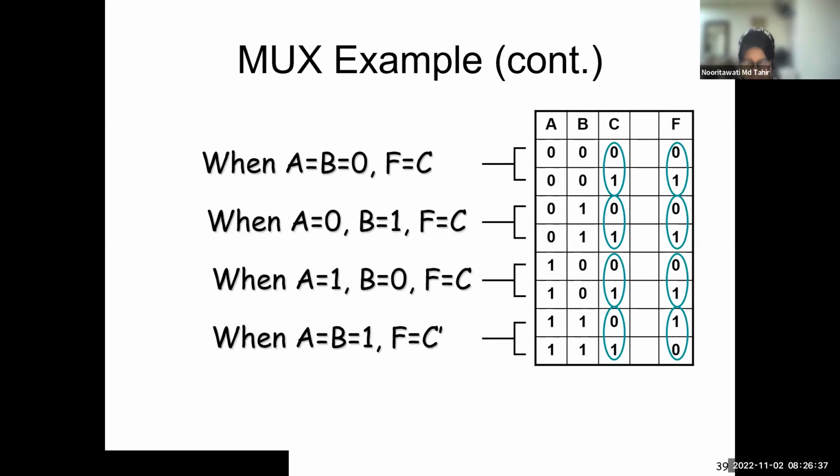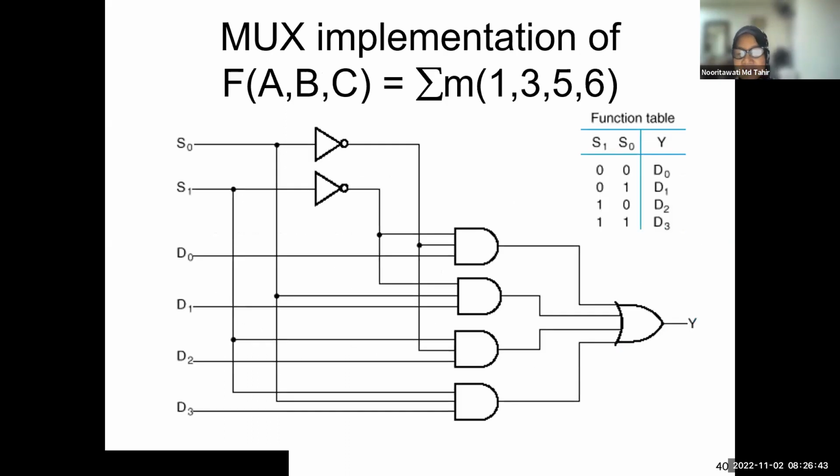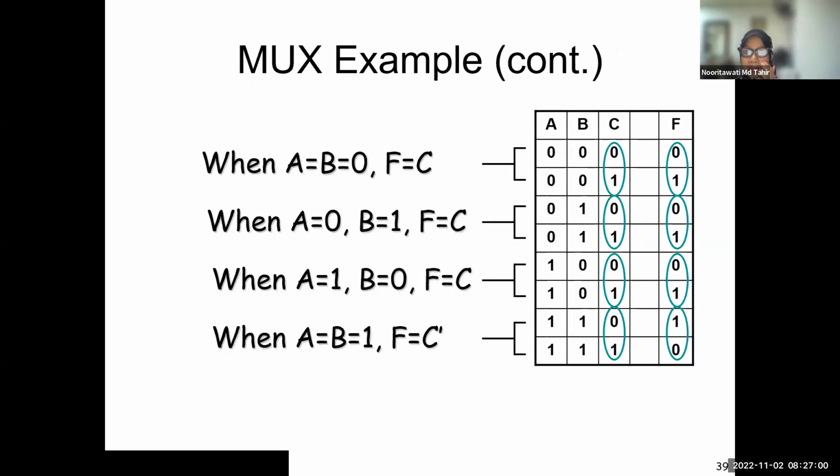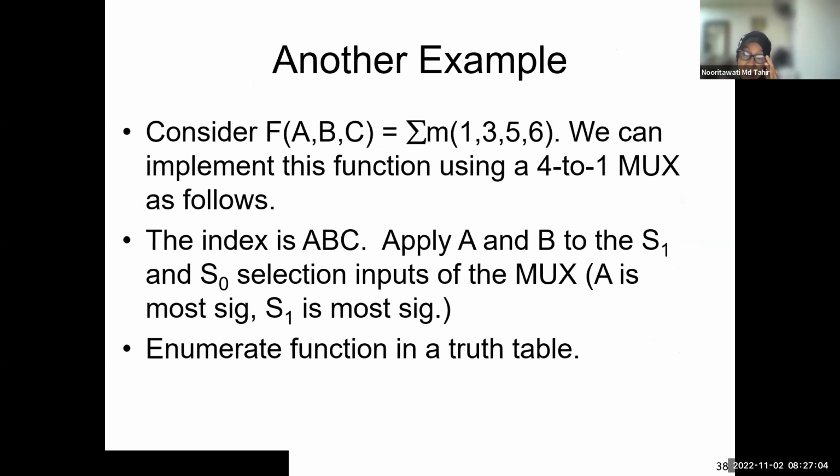And if you are settled with the truth table, the circuit for it is as such. Ya, ada apa-apa soalan untuk soalan yang ni? Boleh? Everyone?